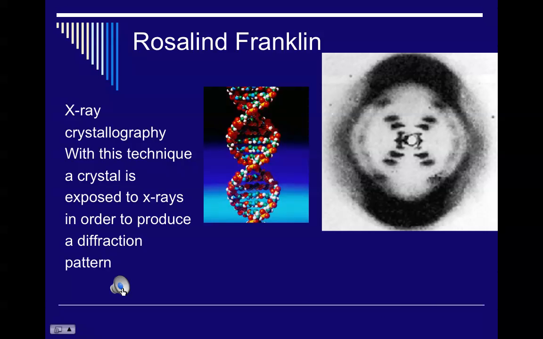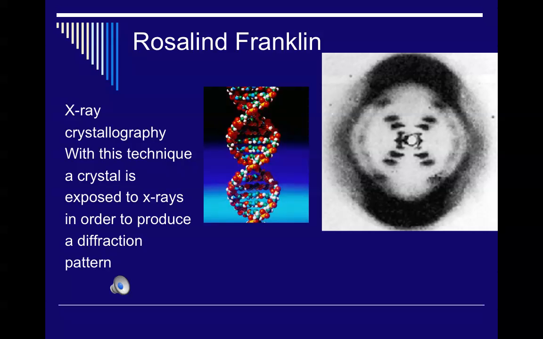One of the scientists that was quite instrumental in determining the three-dimensional structure of DNA was Rosalind Franklin. In the late 1940s, she was given the task of taking one particular form of DNA and examining the structure to determine its three-dimensional organization, using a technique called X-ray crystallography.